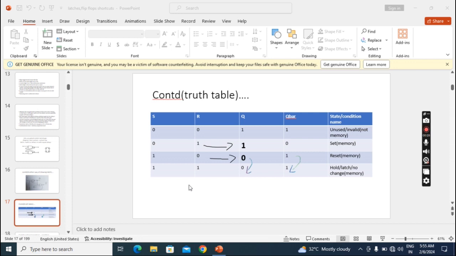Can I apply 1 1? Or can I apply some other combination like 0 1 or 1 0? Suppose initially if you apply 1 1, we cannot predict the output because we don't know the second input of each gate, and there is no output at that time to feed back. So we cannot predict the output if we apply 1 1 at the start.